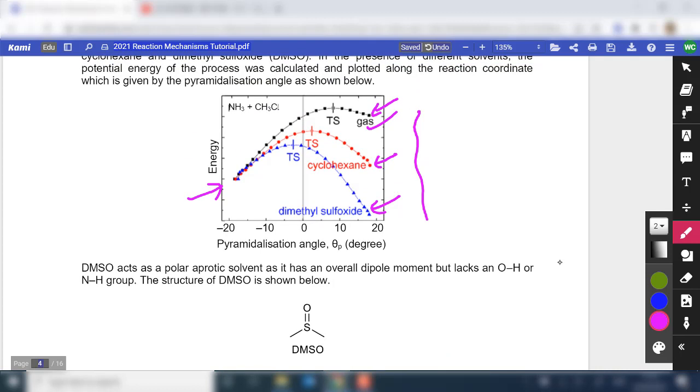You realize that they begin at about the same point, very close to minus 20 degrees in terms of the angle. And then in the course of this reaction, there's a 0 degrees here, so it is probably a reference to a certain plane. Then towards the end, the angle is around the same as well, around 19 degrees.